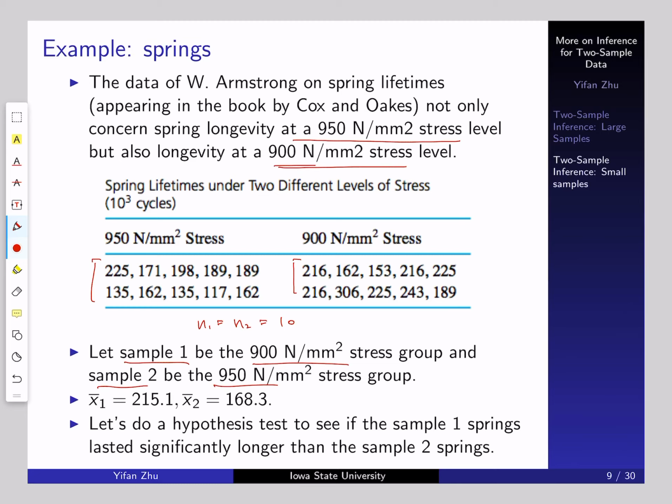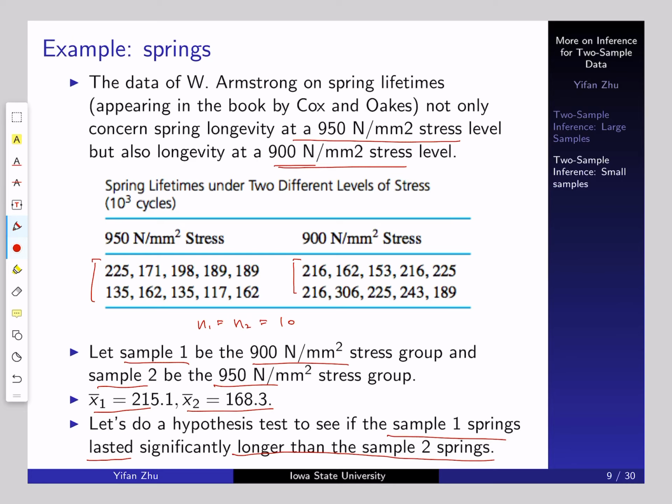And we know their sample means. What we need to do is a hypothesis test to see if sample 1 springs lasted significantly longer than the sample 2 springs.